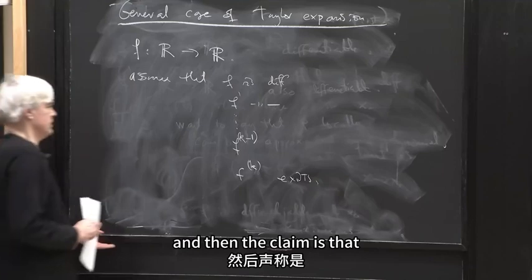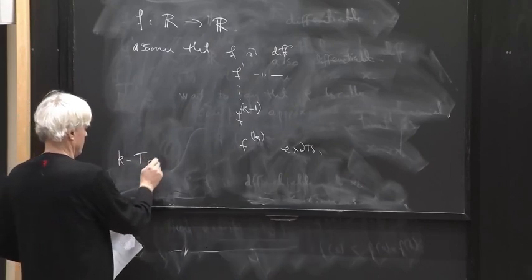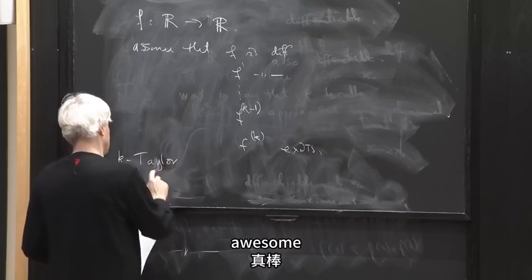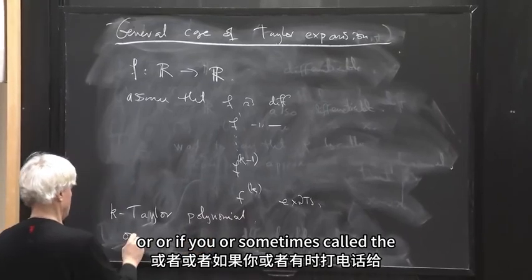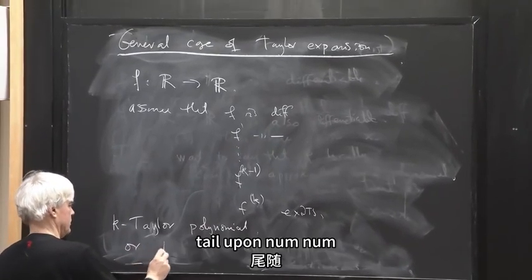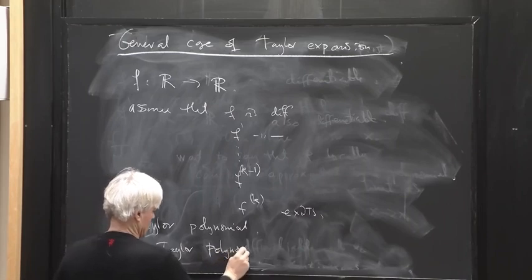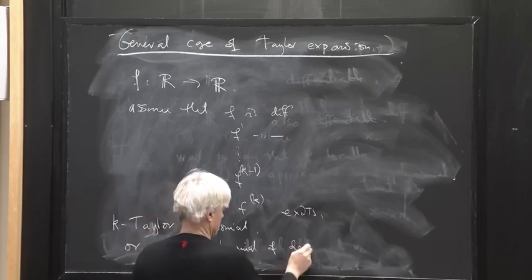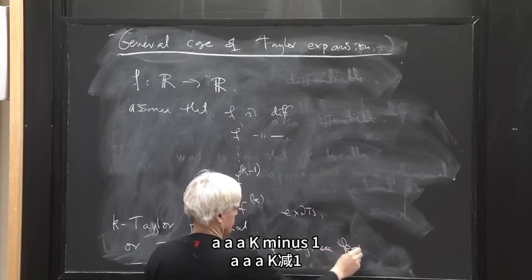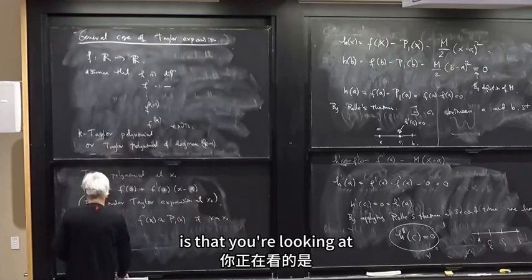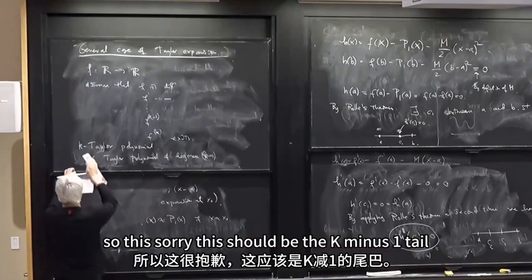And then the claim is that, so now the Taylor polynomial, the k Taylor polynomial, or sometimes called the Taylor polynomial of degree k minus 1, so this should be the k minus 1 Taylor polynomial.